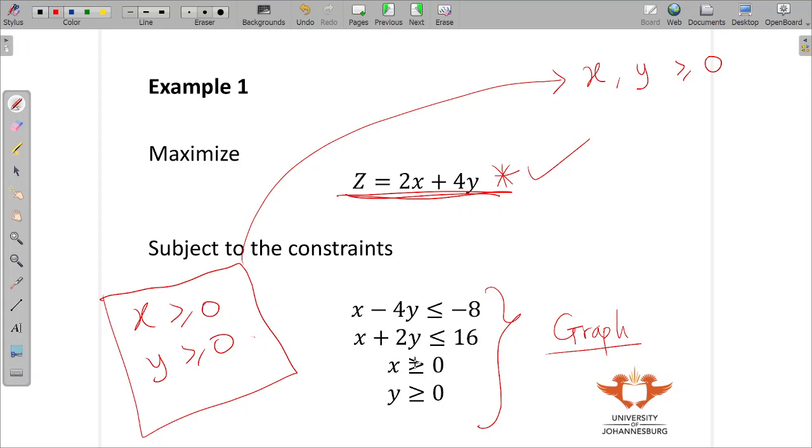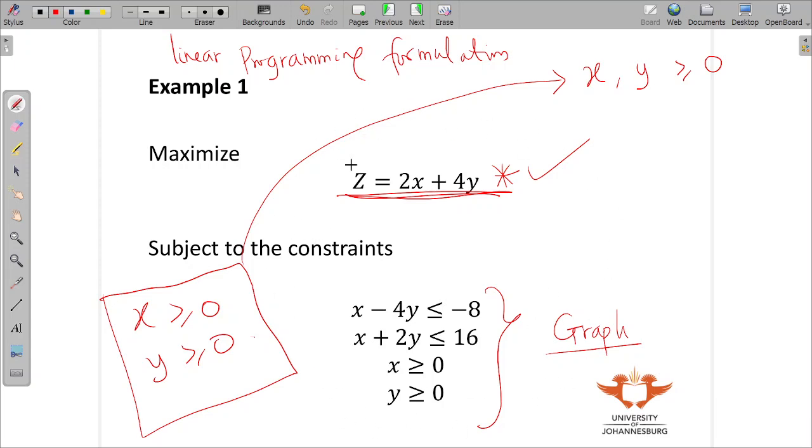So this is an example of a linear programming problem which we are going to be solving. Sometimes we give you a word problem for you to get out this linear programming formulation. We call this the linear programming formulation, or linear programming model, or linear programming mathematical formulation.